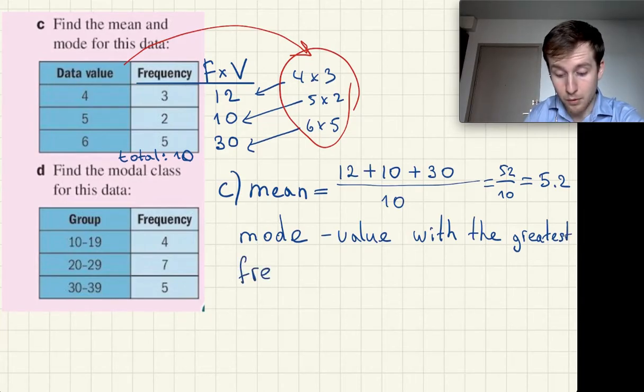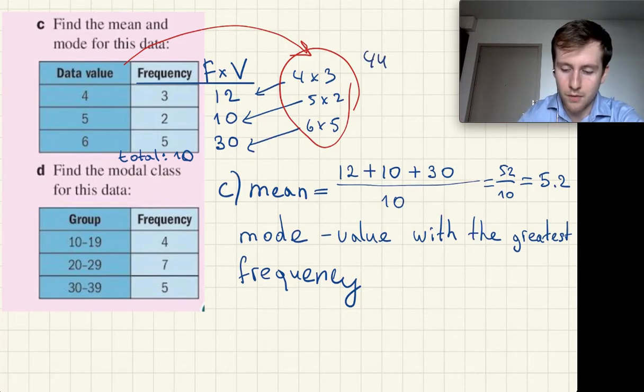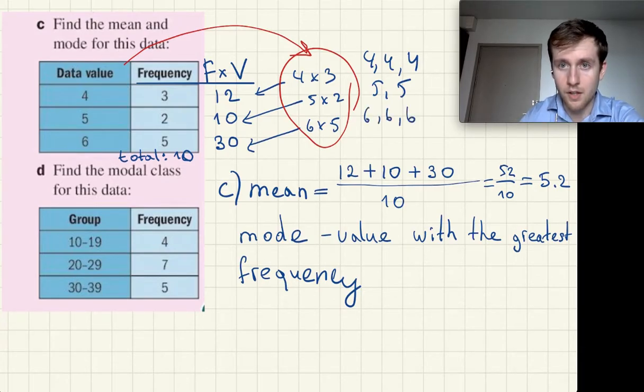If you have a table, what this table means is you have three 4s, like this, 4 4 4, then you have 2 5s, 5 5, and then you have 5 6s, 6 6 6 6 6.